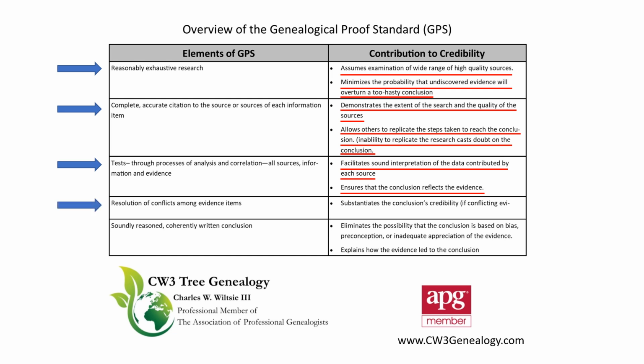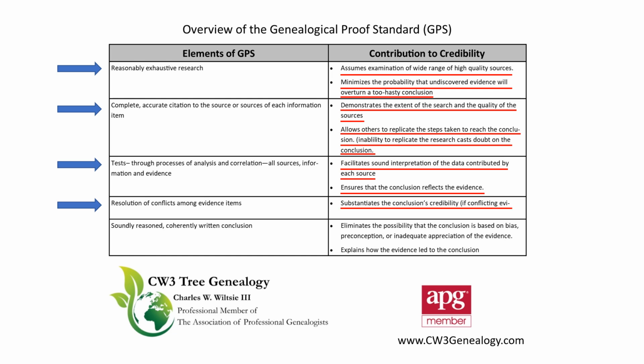Resolution of conflicts among evidence items. For example, lots of times people were named one thing at birth and went through life with a different name, or they were called by a nickname. I can think of many of them now. I can think of one person who was born Seymour Otwell Manning, and when he died, his name was Eugene Seymour Manning, but it's the same person.